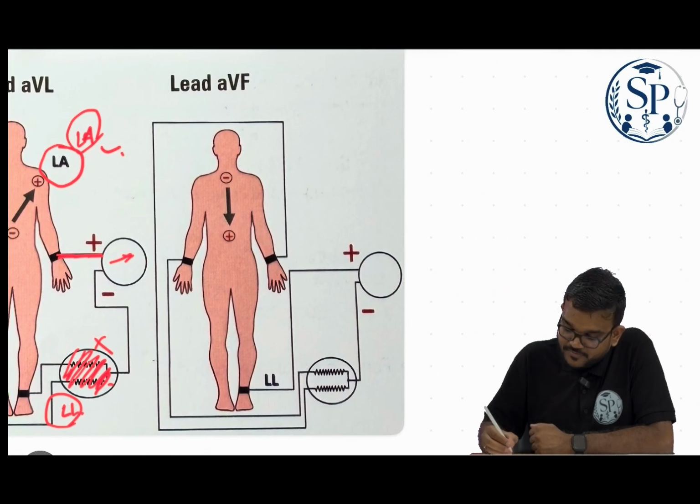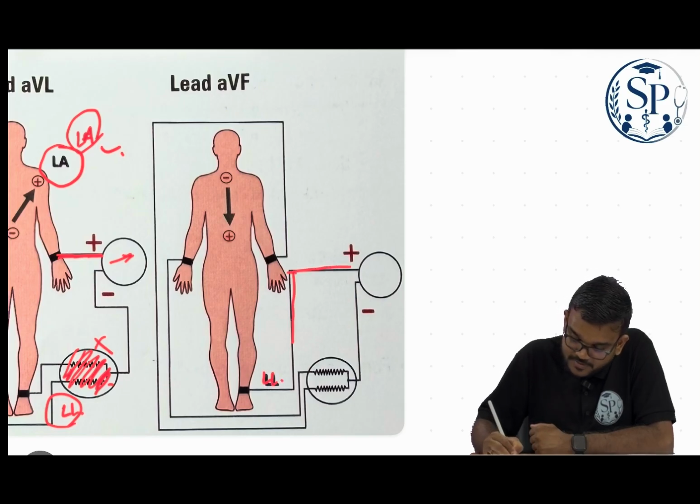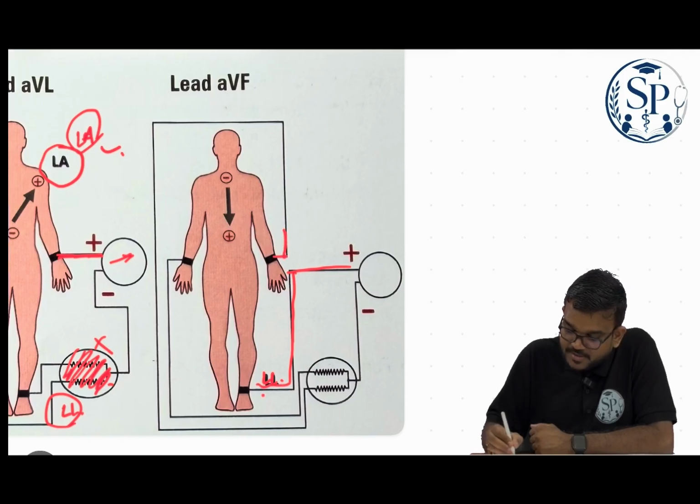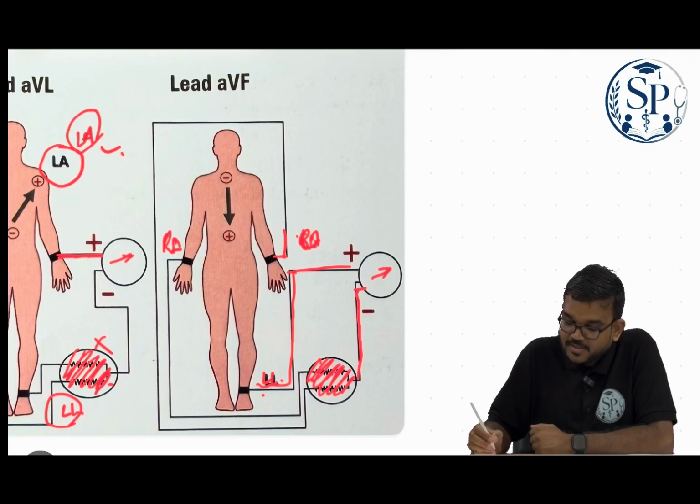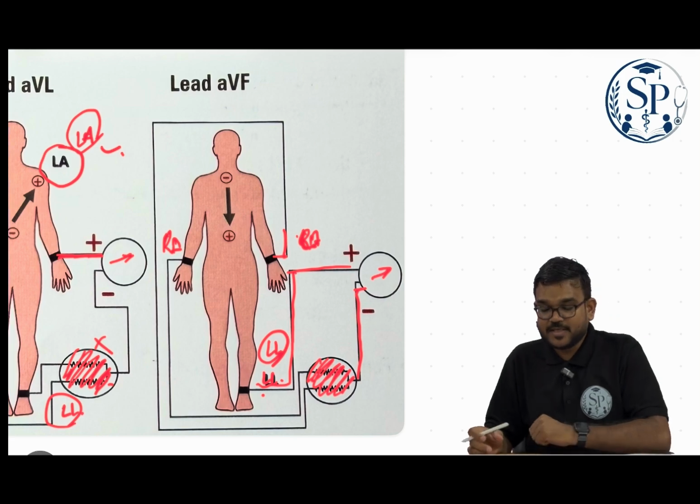In case of AVF, the left leg is attached to the positive end of the galvanometer, whereas the negative end, both the right arm and left arm, is passed through a high resistance circuit, which is connected to the negative end of the galvanometer. So it will record only the potential at the left leg only.